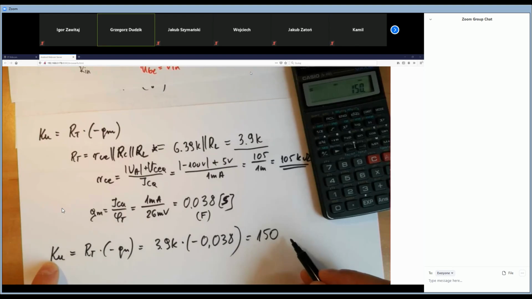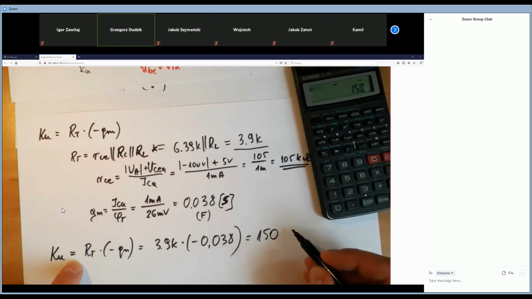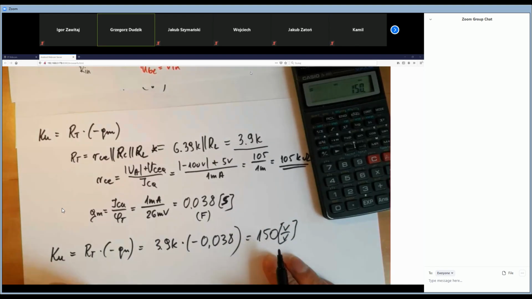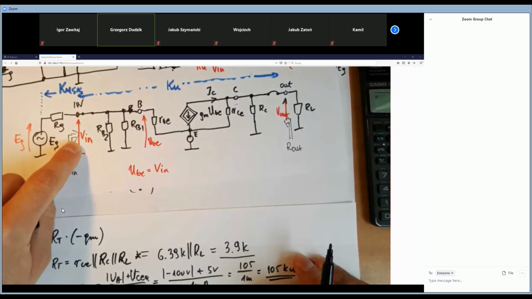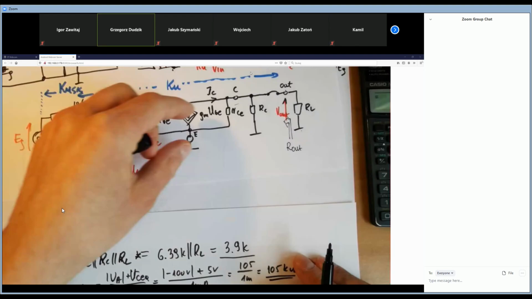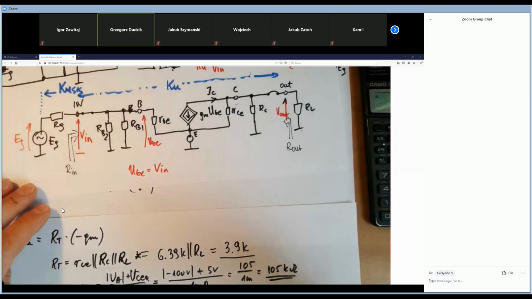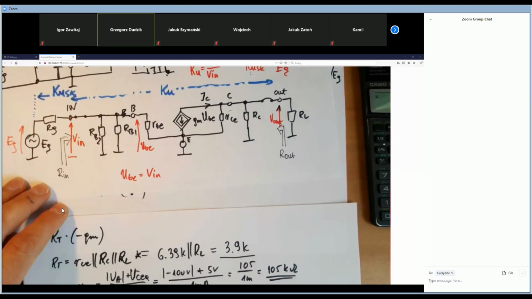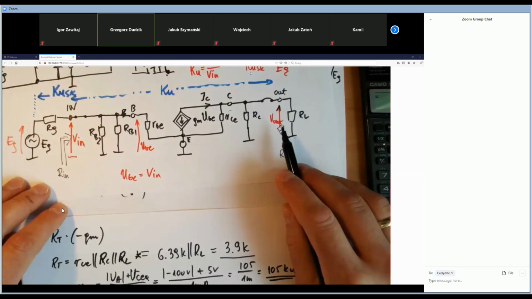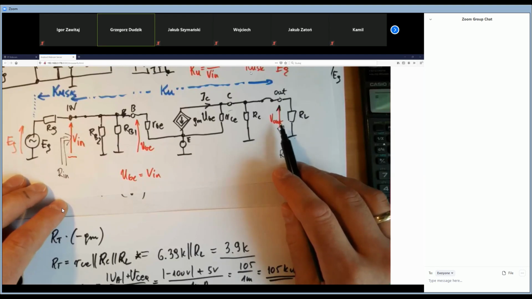However, we know that this is the V out over V in, so volt per volt. What does it mean? If you have 1 volt on the input, this amplifier will gain our signal by 150. It means we should have as the V out equal 150 volts. Is it possible?